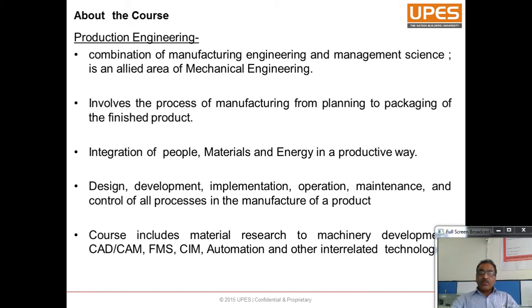And as a part of that, again we require some other integrated technologies like CAD CAM, that is computer aided design and computer aided manufacturing, then computer integrated manufacturing, automation, and the other related electrical technologies.